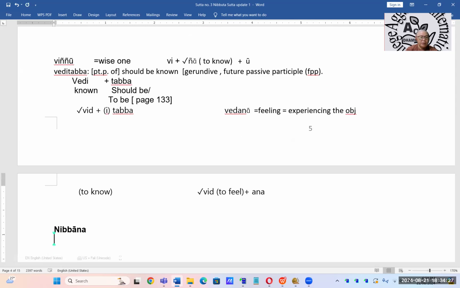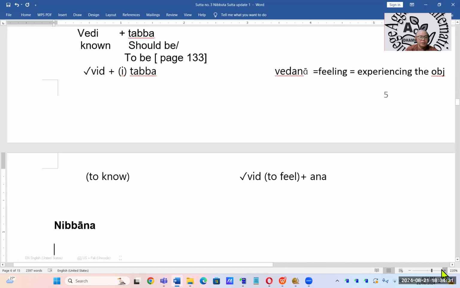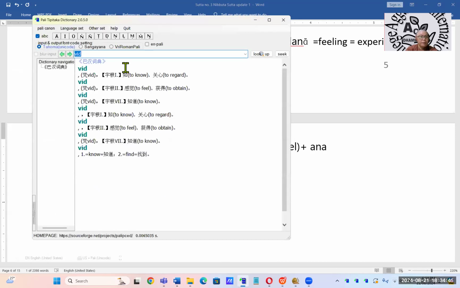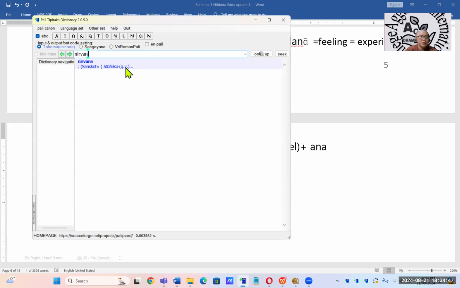Nibbana. All right. Now everybody knows about Nibbana. There are a few ways to see it. In Sanskrit, it's Nirvana. When you combine, it should be a long A here. You can see this is Sanskrit, right?